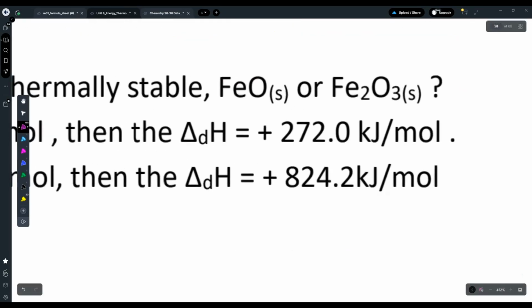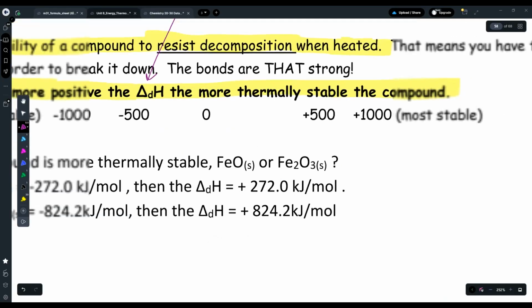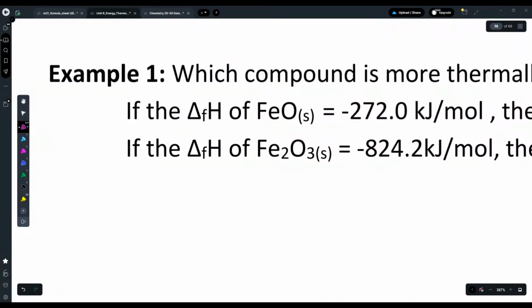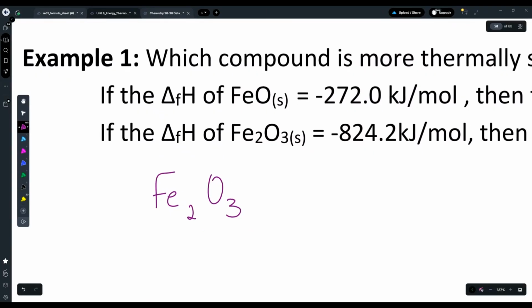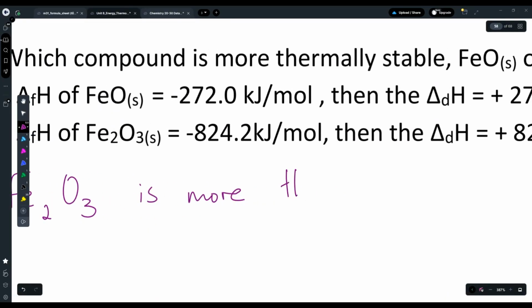So that means it takes this much energy per mole of iron 3 oxide in order to break it down, which is more than what's needed for iron 2 oxide. So I'm going to say iron 3 oxide is more thermally stable.